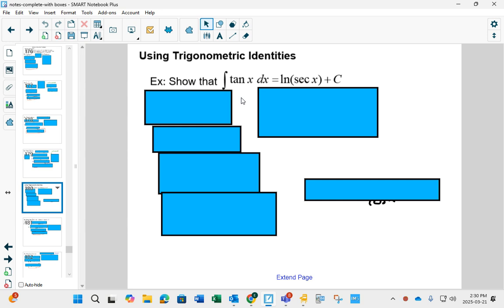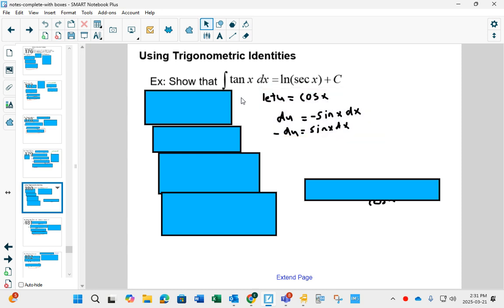And the hint that is given to you is that if you had a natural log, you needed to get a 1 over u integral. Does that make sense? So I need some sort of fraction. So probably what I'm going to do is change tangent to sine over cos, a simple identity.